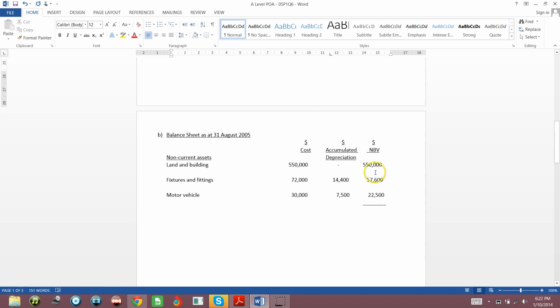So net book value is the current value of the non-current asset at 31st August 2005. Cost and accumulated depreciation you can think of as a working to arrive at the net book value, this approximate correct value. Net book value is the crucial figure that we are going to use to find out the total assets of the business.